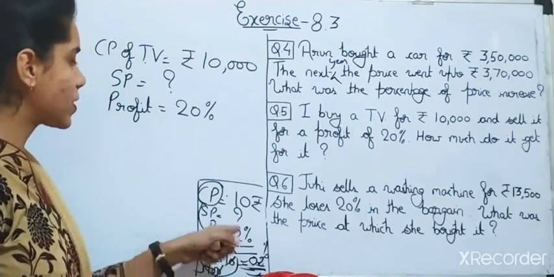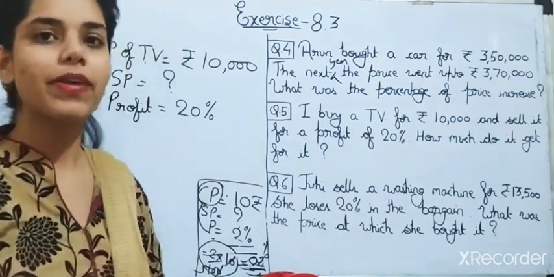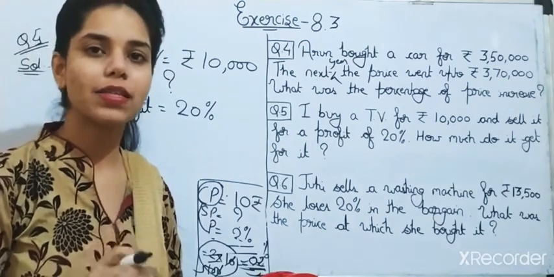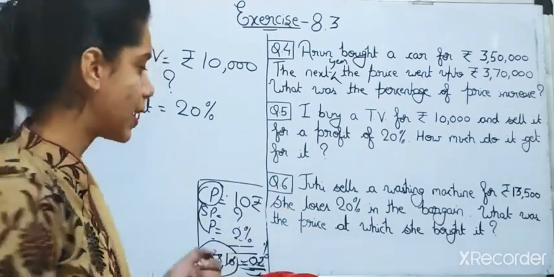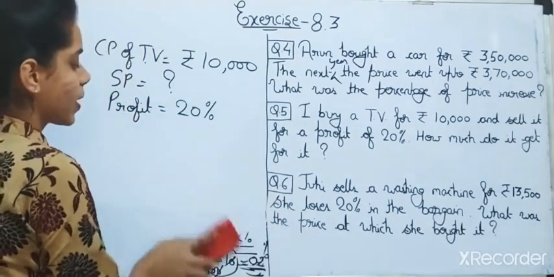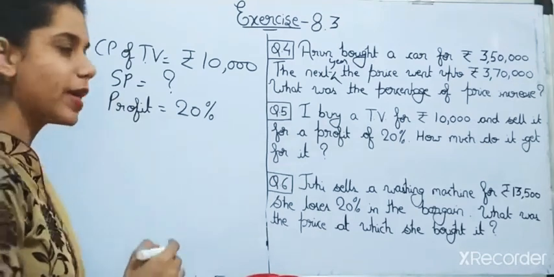So by profit percent we can find out the profit, and after finding out the profit we can apply the formula selling price minus cost price, and we will get the selling price. So profit percent will be on cost price only.